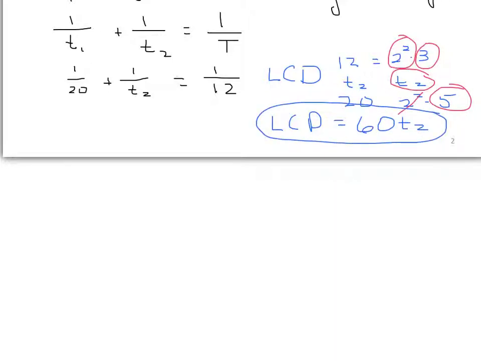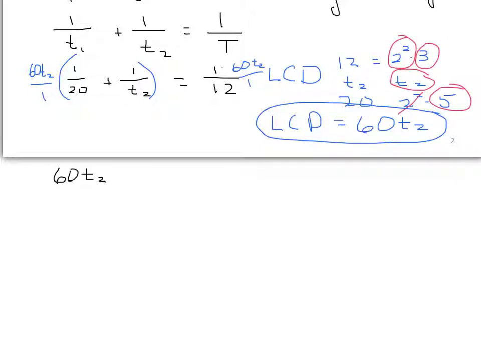Okay, so we're going to multiply everything by 60 T2 on both sides of the equation. And as a fraction, that would be 60 T2 over 1. So this is what this is going to look like.